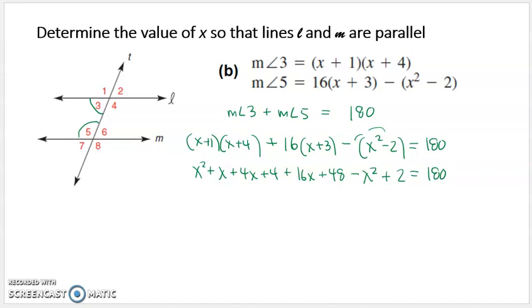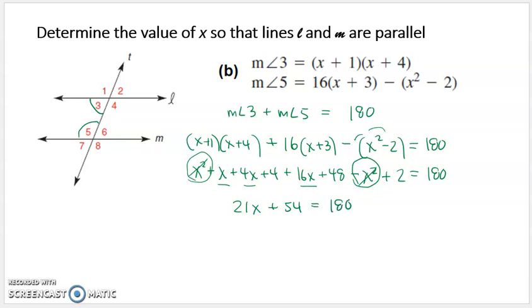Let's collect our like terms. So I've got 1x squared, take away 1x squared, so those will cancel. I've got x plus 4x plus 16x, so 21x, plus 4 plus 48 is 52, plus another 2 is 54, so plus 54 equals 180.